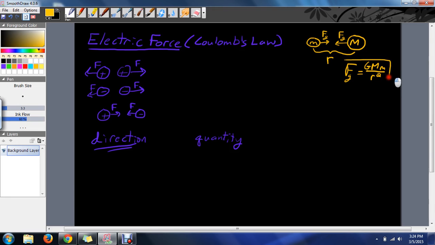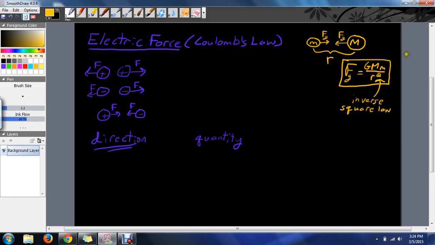So notice how it depends on the masses and the distance between them. But look, it's what's called an inverse square law. What does that mean? Inverse means if the distance increases, the force decreases.